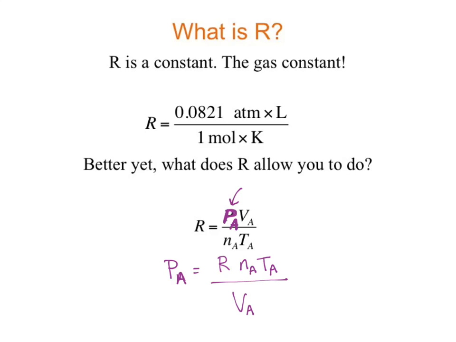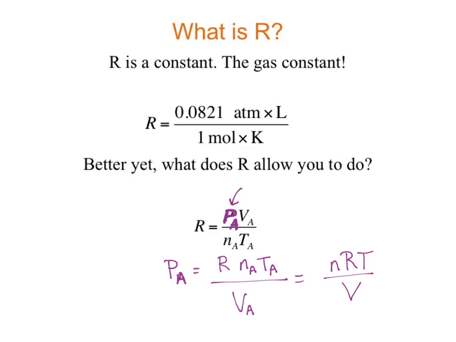This expression becomes ridiculously famous and comes out in certain variations. Most people seem to remember this part, where the pressure is equal to, usually written out as nRT over our volume.